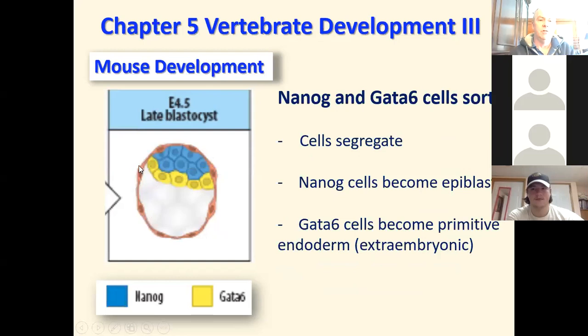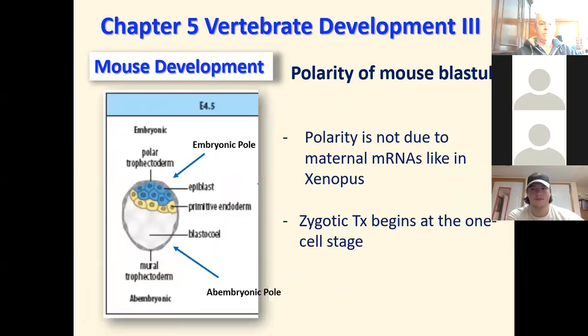And they will rearrange themselves. So the GATA6 cells are on the outside and the NANOG cells are on the inside. The outside cells then will become primitive endoderm. And this is the embryo proper, the NANOG cells. Okay, so those NANOG-expressing cells become the epiblast, and this is the primitive endoderm.